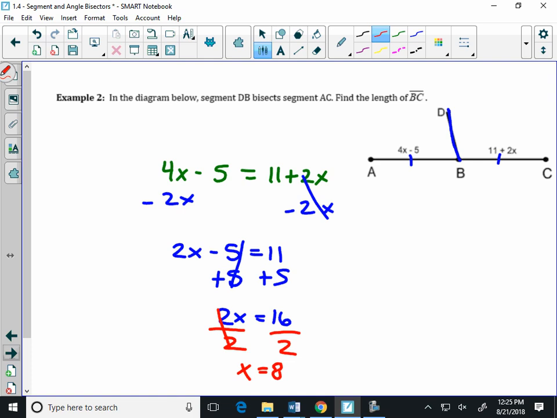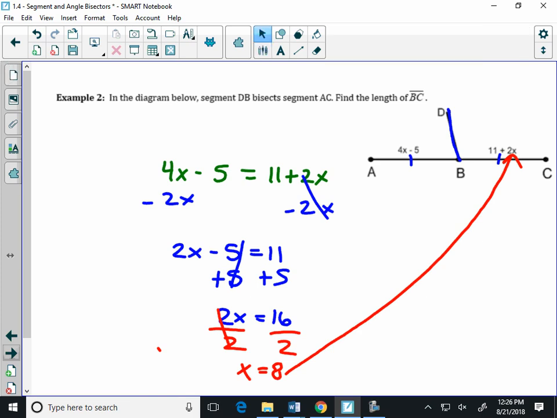No. What did it say to ask for again? BC. Well, what can we do with this x to find BC? Perfect. All you have to do is just say 8. Go to BC, the expression for BC, and plug it right in there for x. And then plug that into your calculator.